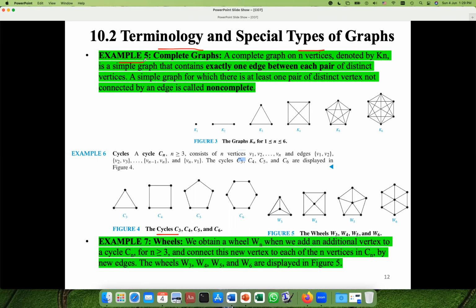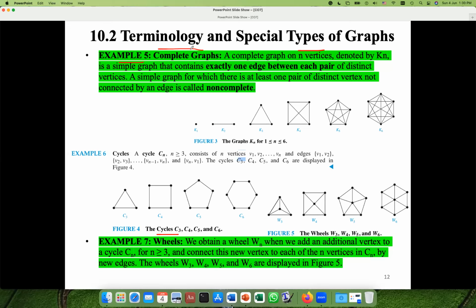The first condition is that it is a simple graph, which means it will not contain multiple paths and loops. You have to keep this definition in your mind. Only then will you not make any mistake.